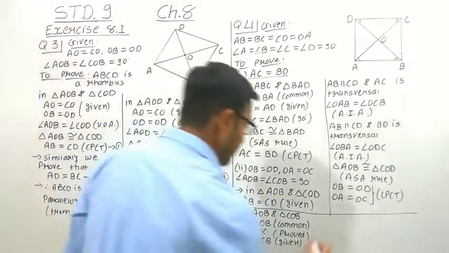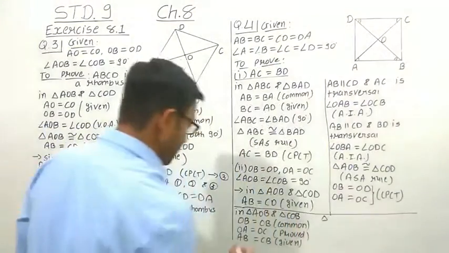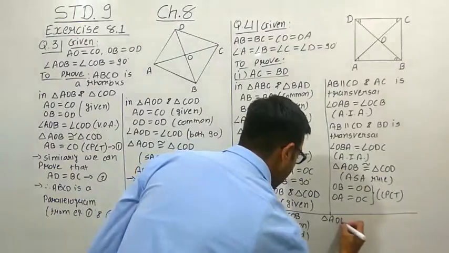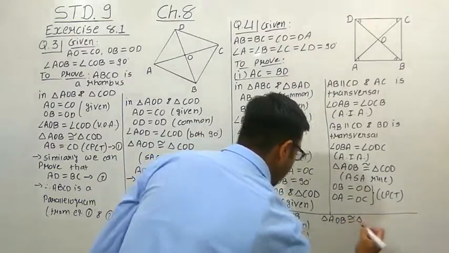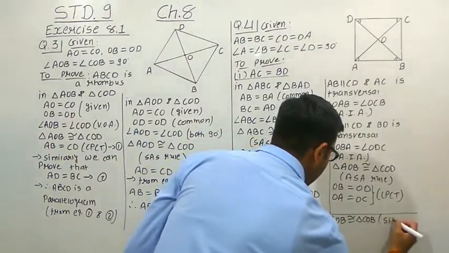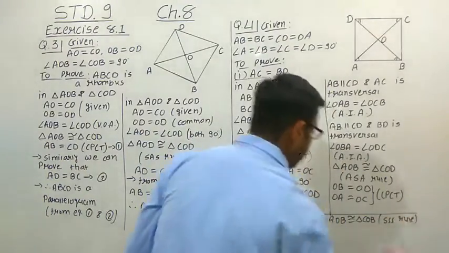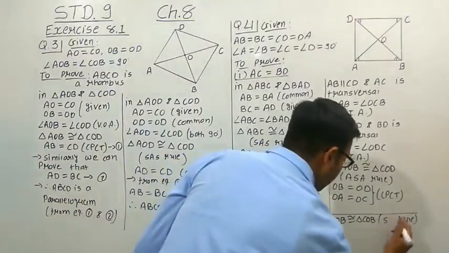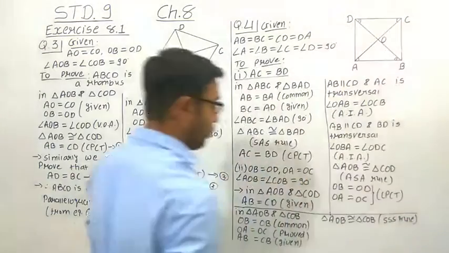So now we can write down that triangle AOB is congruent to triangle COB by the SSS rule. By the SSS rule, these two triangles become congruent.